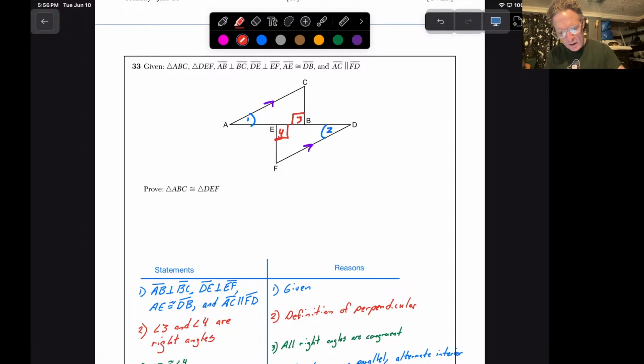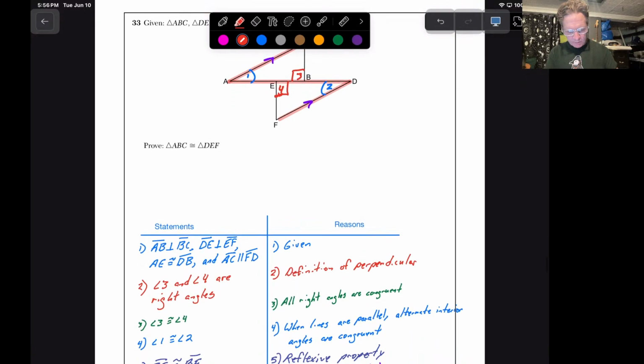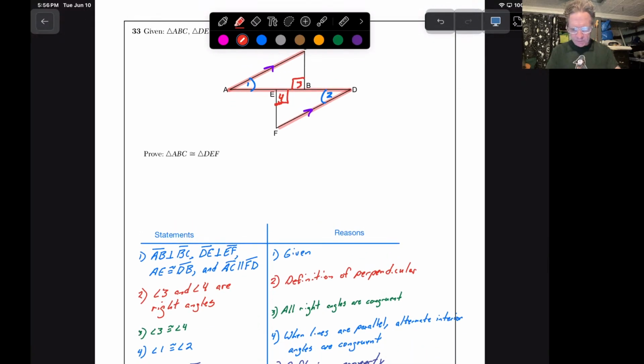So look, we have alternate interior angles. So that's what I said here. Angle 1 is congruent to angle 2. So when lines are parallel, alternate interior angles are congruent. So that's 2 points. Halfway there.